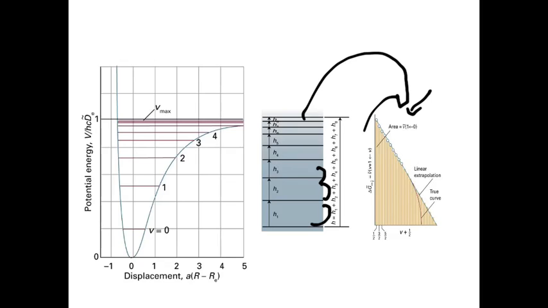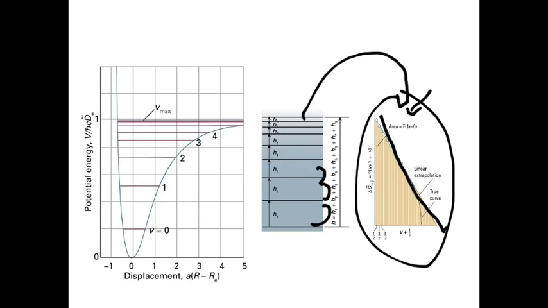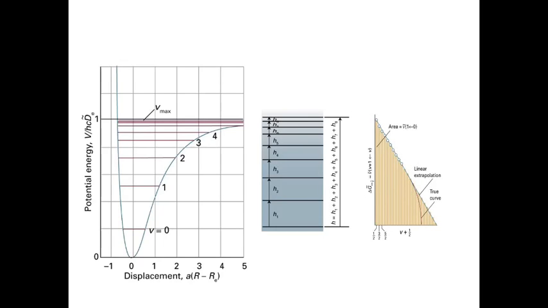If it was a good Birge-Sponer plot, we would get a nice straight line, but because of the asymmetric part of the parabola, it actually goes down like that. Yes? But either way, you can plot these Birge-Sponer plots, and you can find some things from them, which is kind of cool.